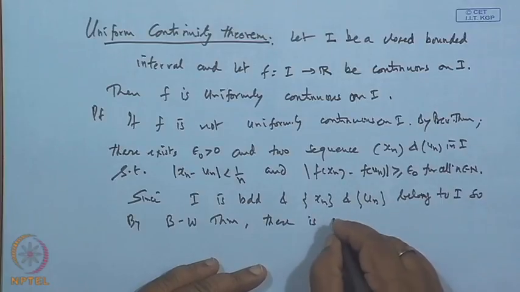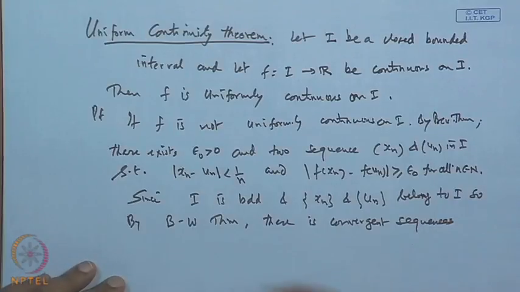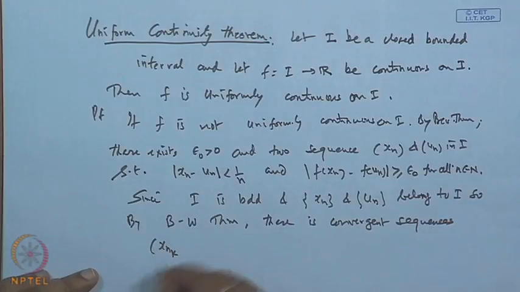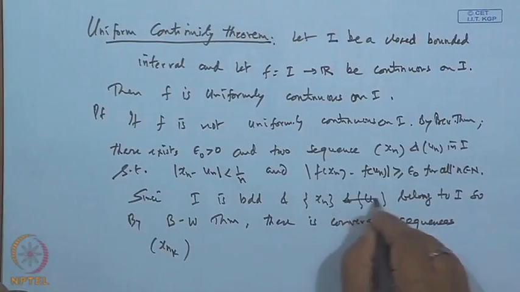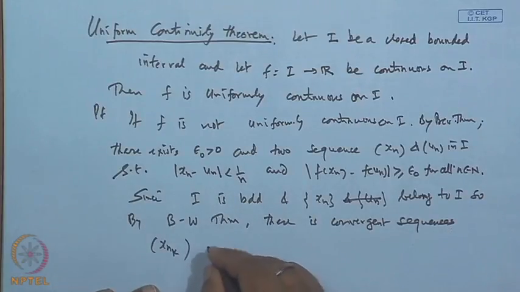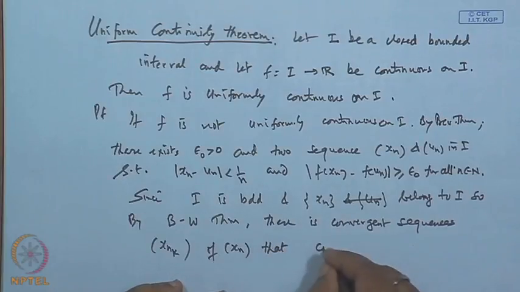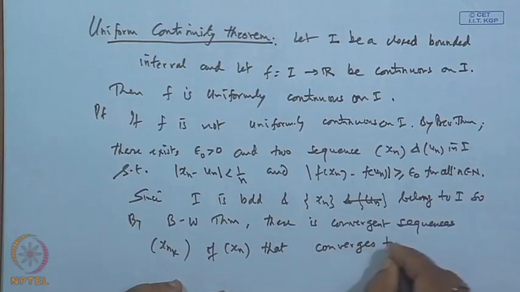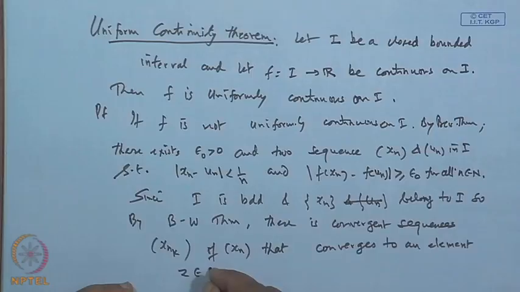Let us take first x_n: there is a convergent subsequence x_{n_k} of x_n that converges to an element z belonging to I.